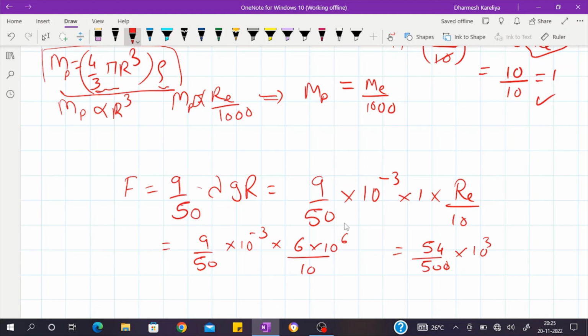So you can cut this 2 and this power also will go. So you will have 540 upon 5. If you do the division, 5 ones are 5 and then 0, 5 is 40. So 108 Newton is your force, and that's the correct answer.